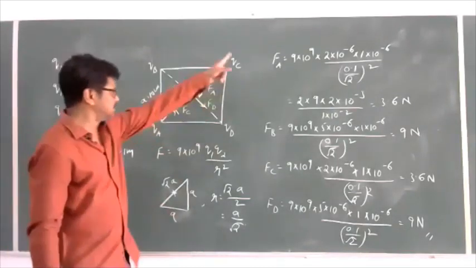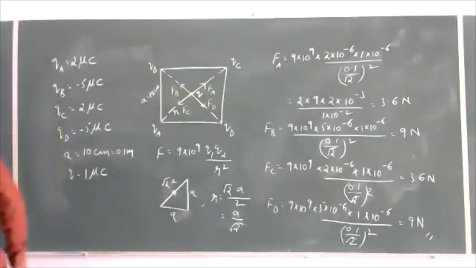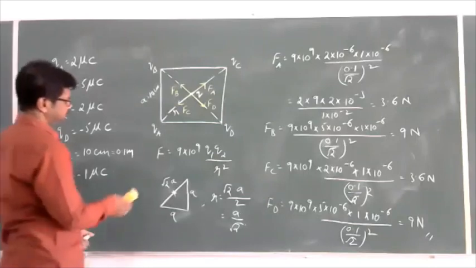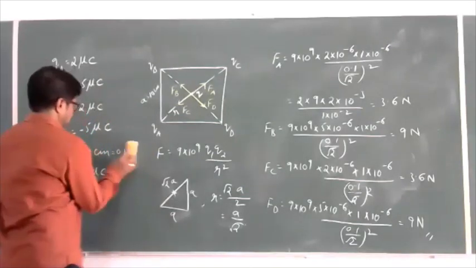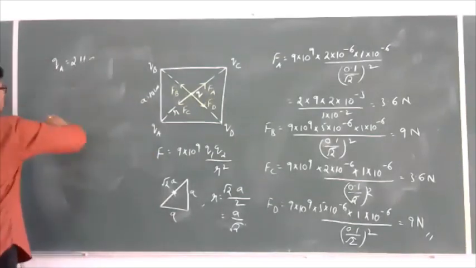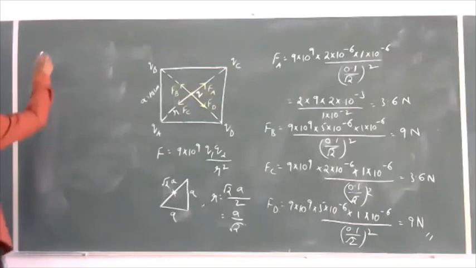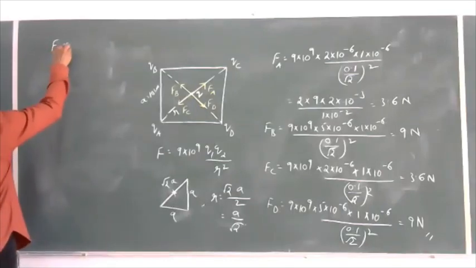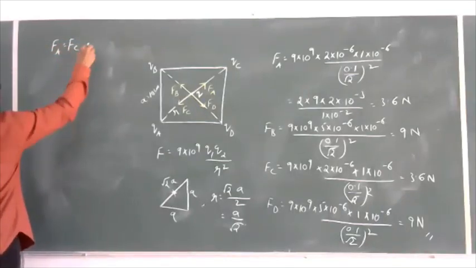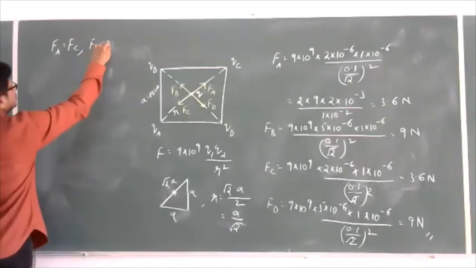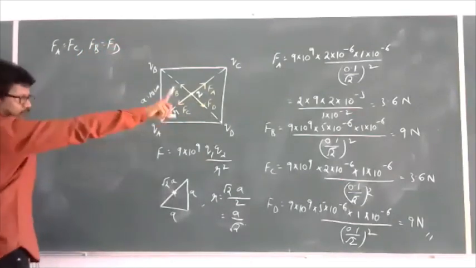Now by seeing these four values, we come to know that FA is equal to FC and FB is equal to FD.